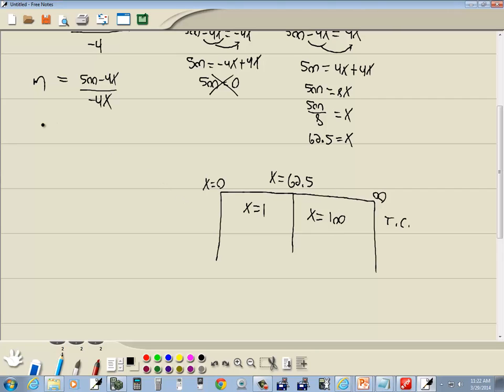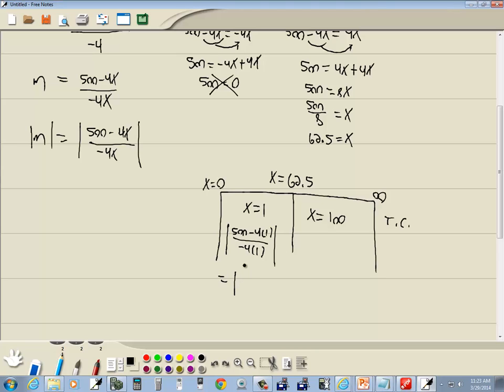Now we want to plug those into the absolute value of eta, which is the absolute value of 500 minus 4x all over negative 4x. So I'm going to have 500 minus 4 times 1 over negative 4 times 1.